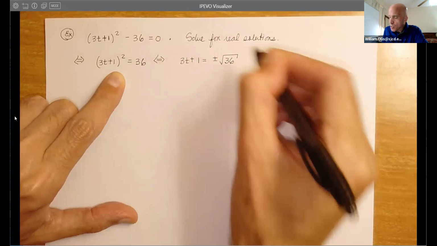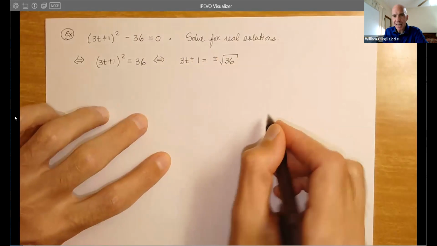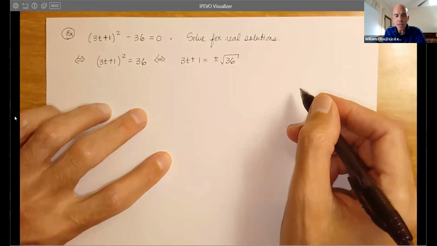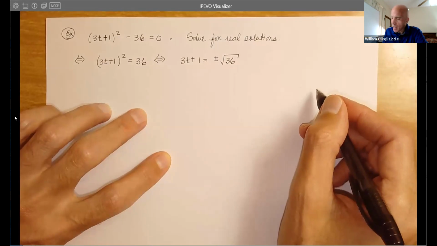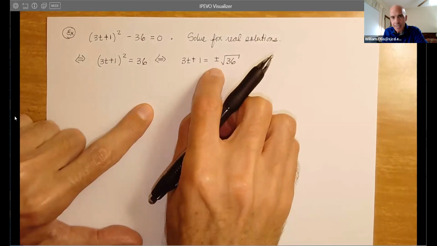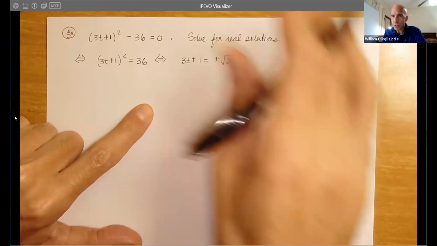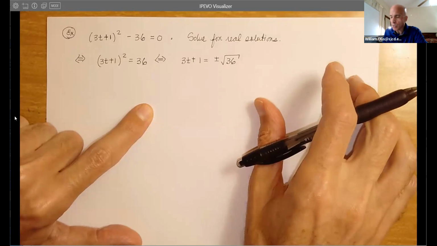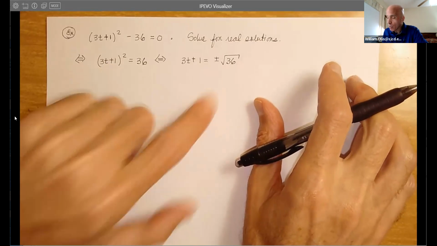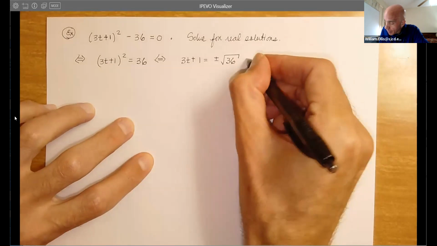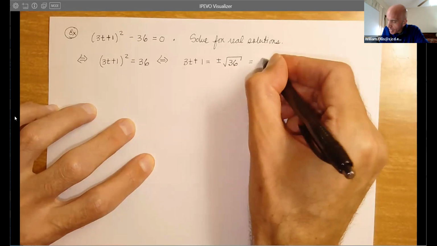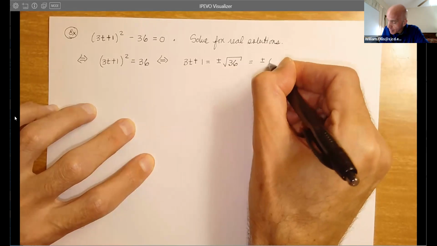Now, students will try to get kind of fancy on Professor Ron and throw square roots all over the place. Don't do that. That is not how I've taught you. When you see this, this is the next result. Don't slap square roots on everything. This is equivalent to this. So now, we know that the square root of 36 is 6, so we can go ahead and simplify to plus or minus 6.